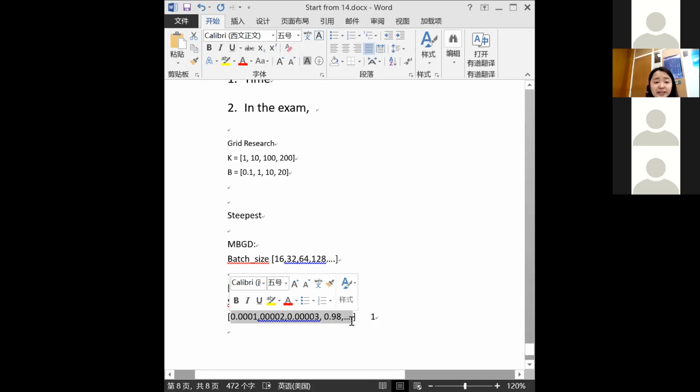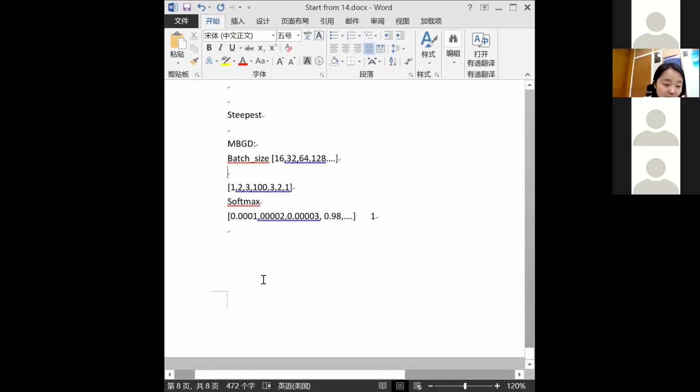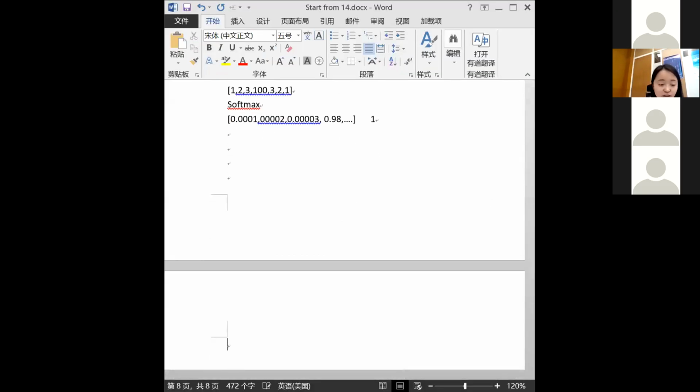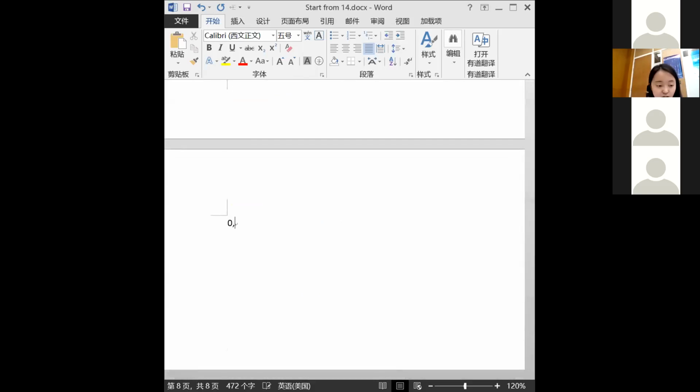For example, if we want to solve a digit recognition problem, we input some digit images from 0 to 9, a lot of images with handwritten digits 1, 2, 3, 4.